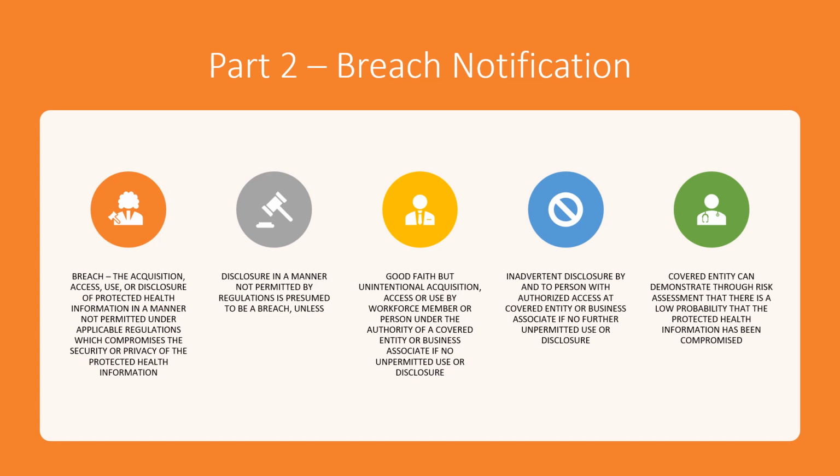And then a third reason would be if there was a disclosure of PHI where a covered entity or a business associate has a good faith belief that an unauthorized person to whom the disclosure was made would not reasonably have been able to retain such information. So that would be unintentional as well.